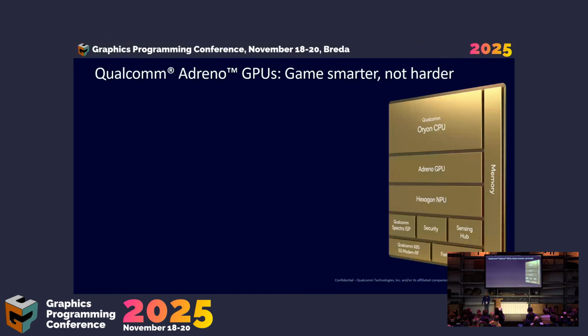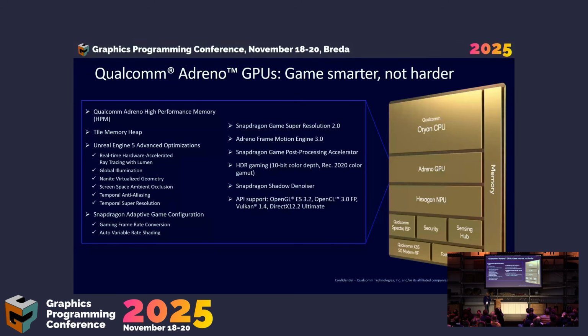All right, so as a GPU architect, I have to say that at the heart of our Snapdragon processors are really, for me, our Adreno GPUs. And this is a curated list of our latest GPU features. I won't bore you with the details of everything in here, but we have high-performance memory that is close to the metal GPU memory.